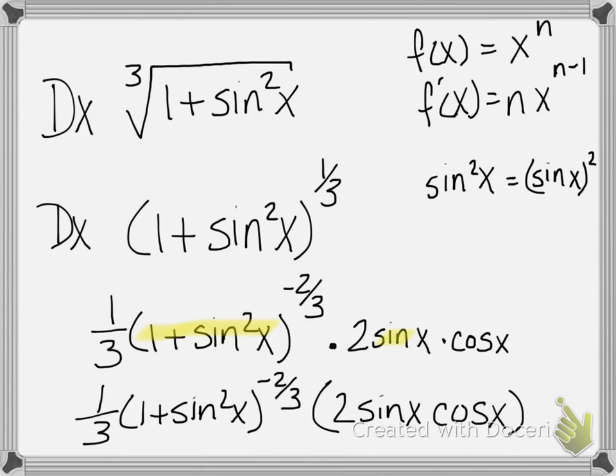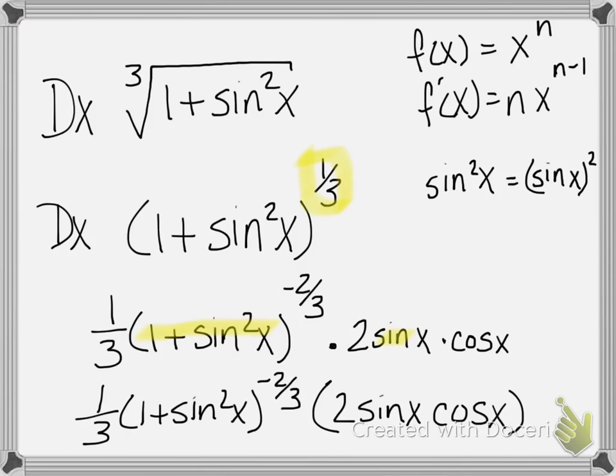And that is just because the chain rule is basically you take the derivative of your outside function, which is just say our f of x, which in this case is going to the 1/3. So to do that, you see that's a power rule.